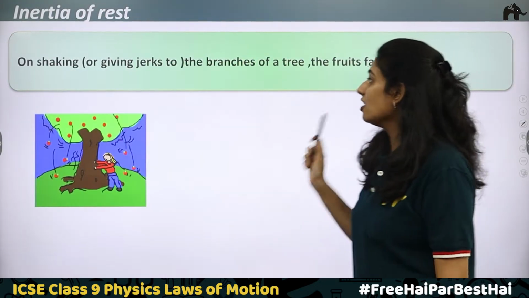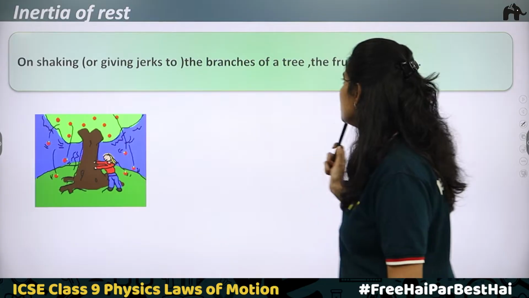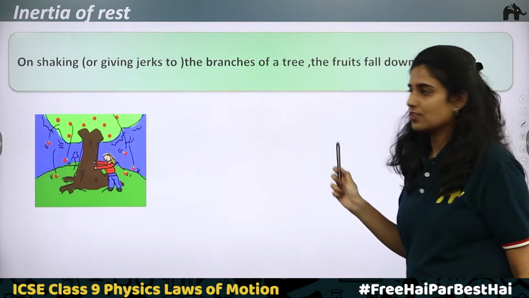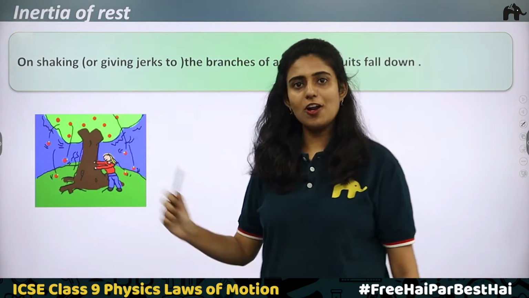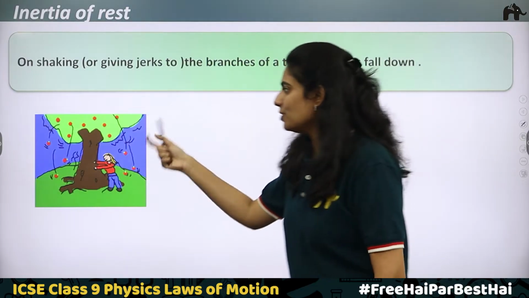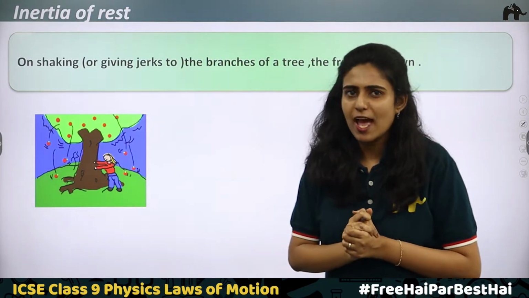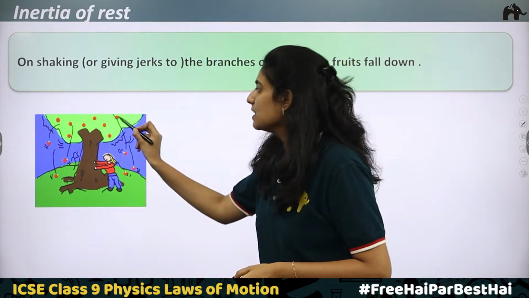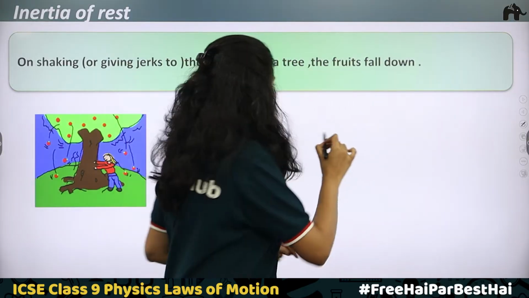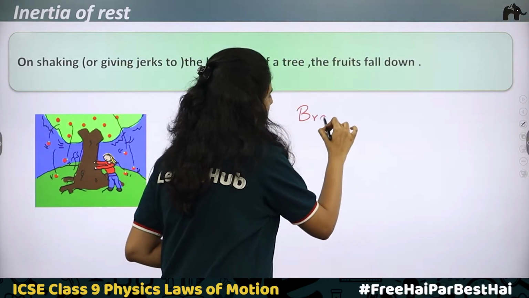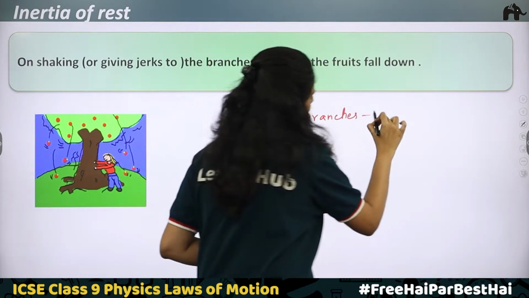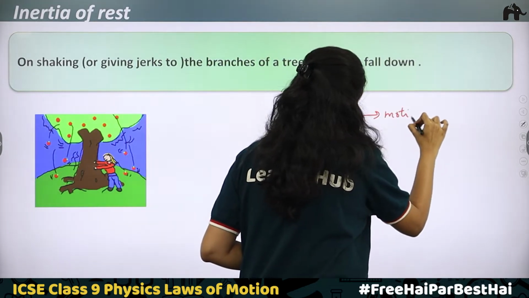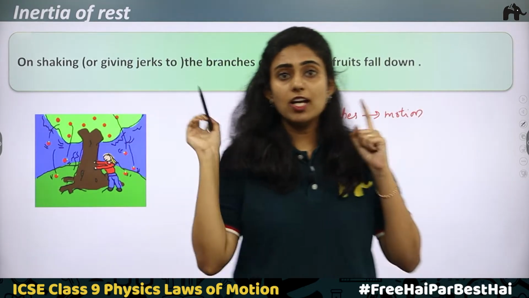Next example, on shaking or giving jerks to the branches of a tree, the fruits fall down. See this figure? All of you have done this, right? To get fruits, you shake the tree. Here, when you shake the tree, the branches come to motion. What about the fruit?